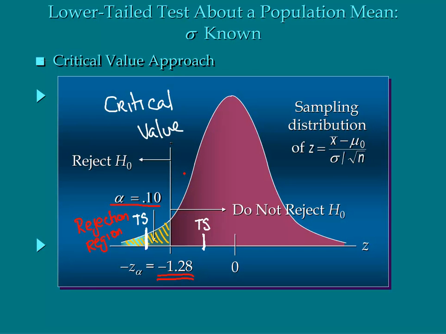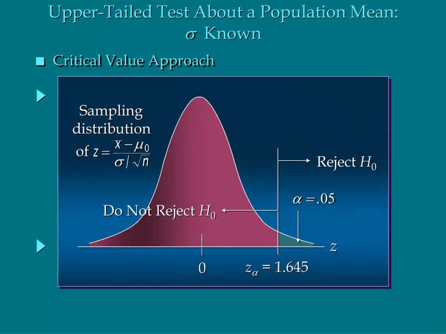It marks the boundary between those two regions. Likewise, we can say the same for the upper tail. This is the critical value up here, and again it marks the boundary between the do not reject region and the reject region. In this case, alpha equals 0.05, and therefore the critical value will be 1.645.